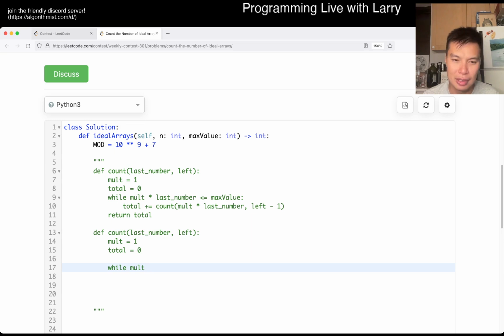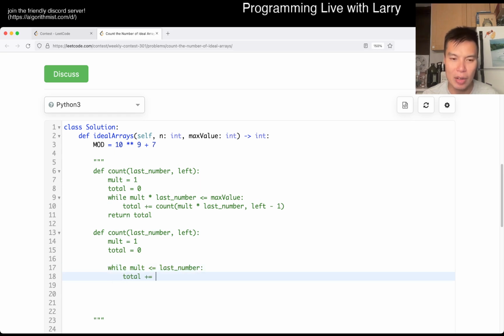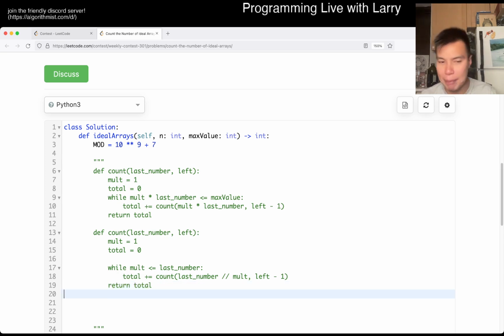Then total is incremented by count of last number divided by multiple, left minus 1. This will also work, except it's also too slow, same problem. But I was hoping that maybe by doing it backwards, there's some way to optimize it.